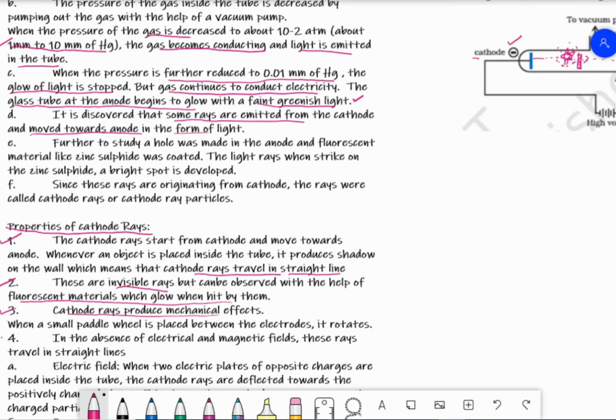Then, in the absence of electric and magnetic fields, these rays travel in straight lines. If we are not applying any electric field or magnetic field, these rays travel in straight lines. But what will happen if you apply an electric field?